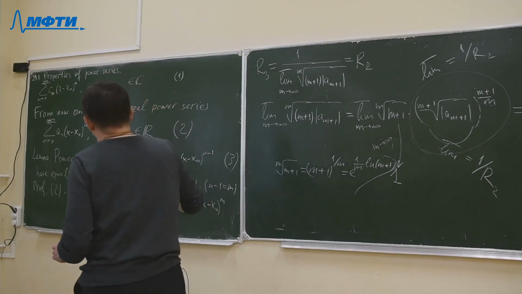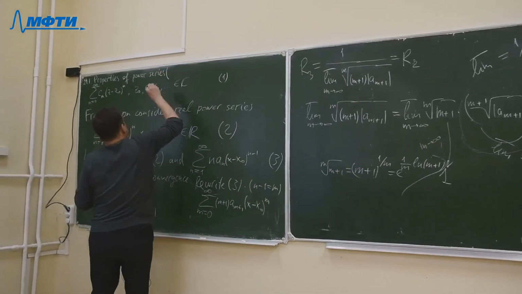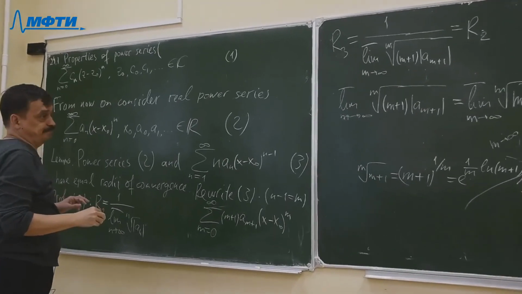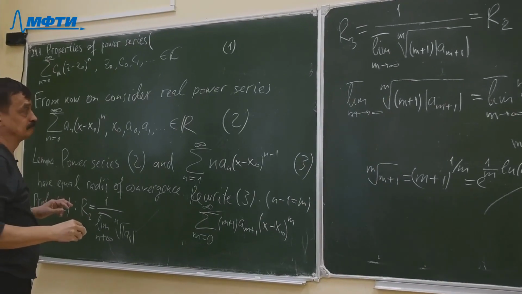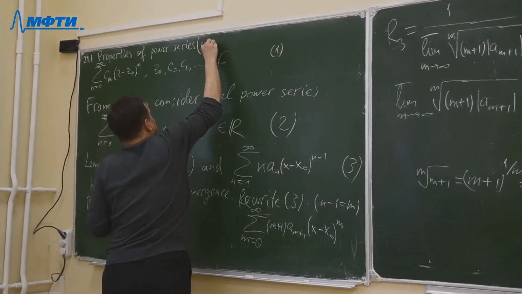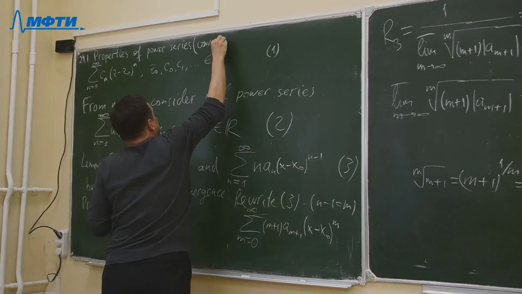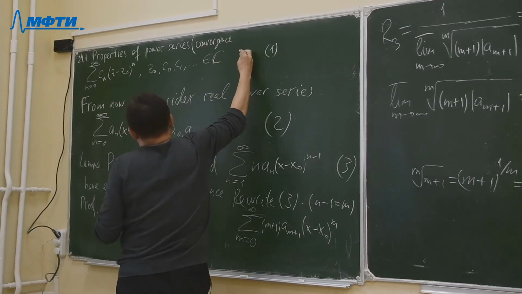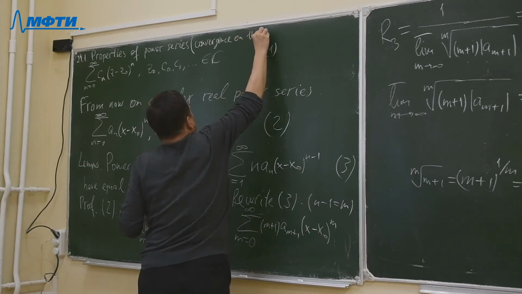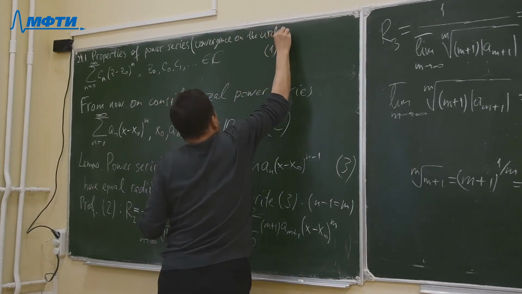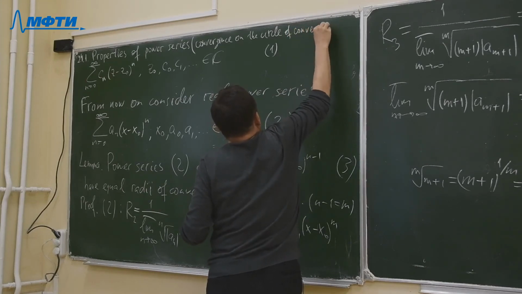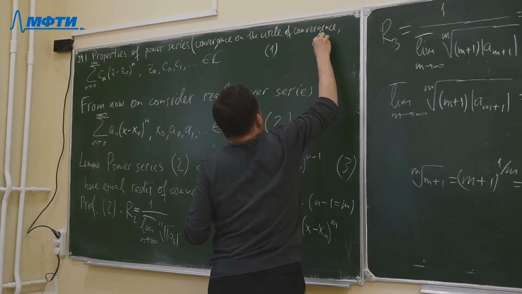So maybe I'll make a precision of the title, Properties of Power Series: Convergence on the circle of convergence and continuity.